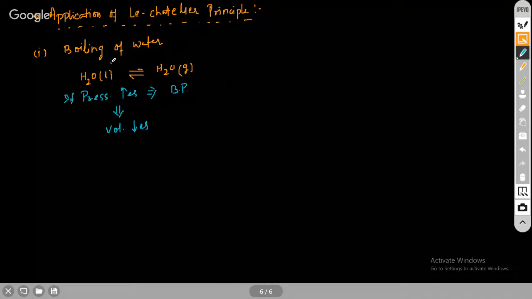Backward direction, the volume is less. Right, correct. It's not forward, Pratik, because in forward direction we have gas.